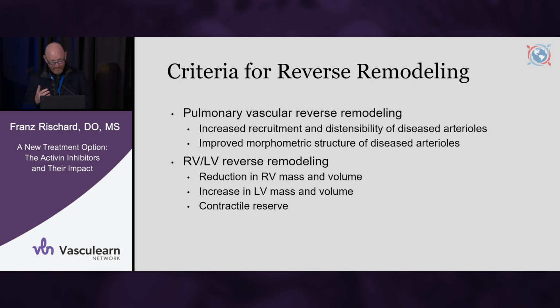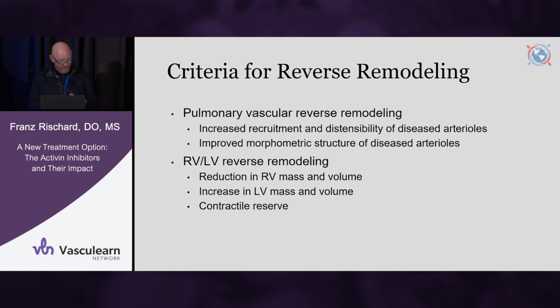And when we look at RV remodeling and LV remodeling, keep in mind, even in patients with precapillary disease, there are some changes in the LV as well as the RV. So reduced mass of the LV, slight reduction in LVEF, which is not postcapillary disease. That has to do with underfilling of the LV.